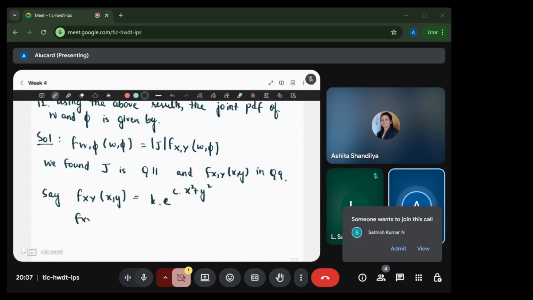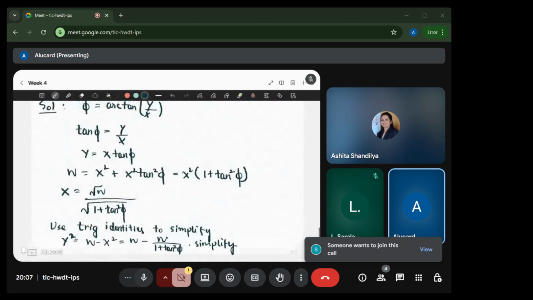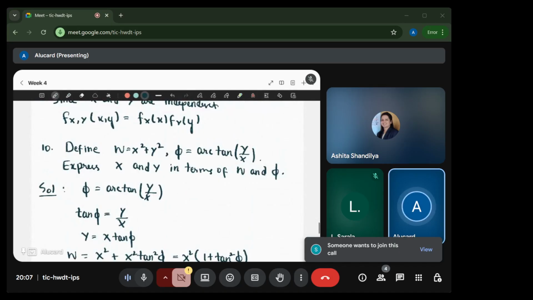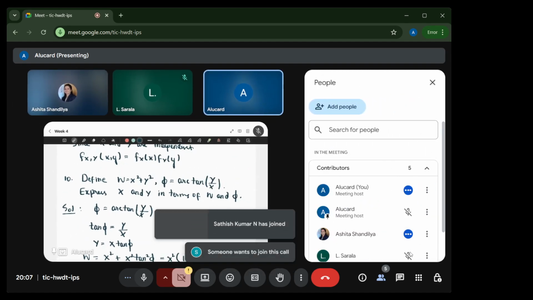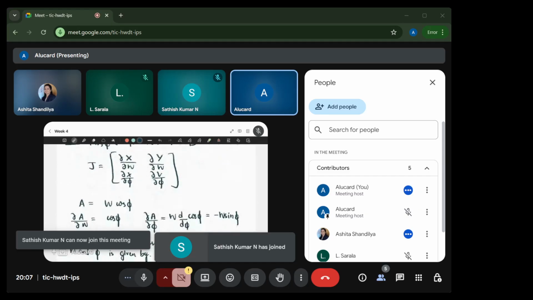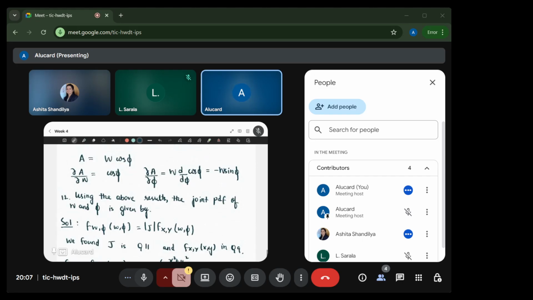Then fxy of w comma phi would be k times, already they said that w is the random variable x square plus y square. So you just have to replace x square plus y square by w. The constants k and c you have to find by solving question 9 and question 11.